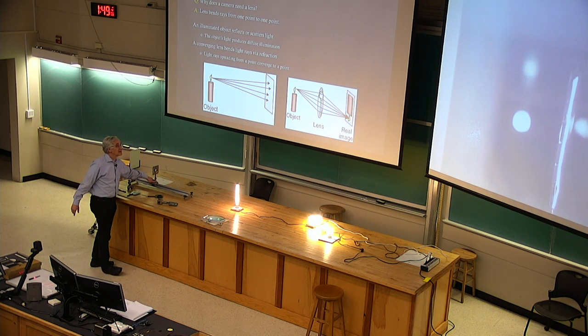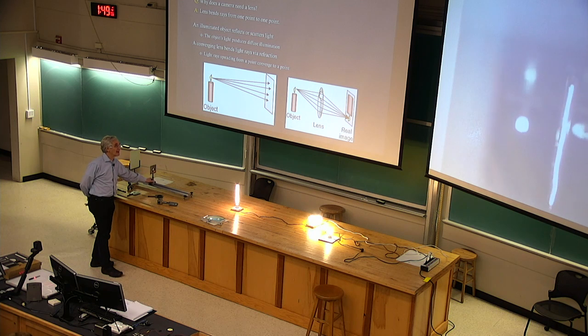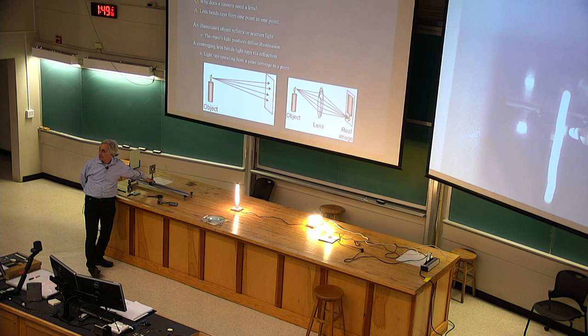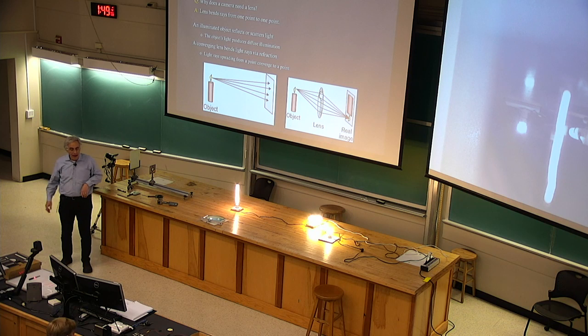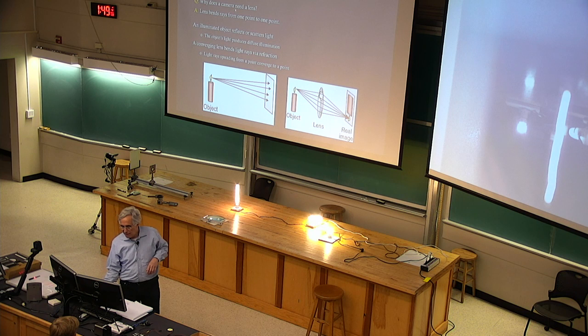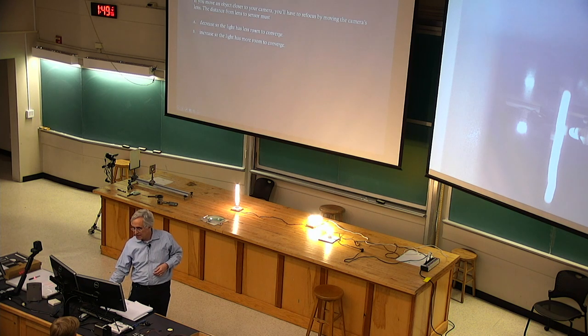Because if I get the vertical filament in focus, the compact fluorescent is just a fuzzball. If I get the compact fluorescent in focus, the filament's a fuzzball. Is everybody okay with that? In part, that's because we're taking all the rays that hit that entire lens and trying to bring them together. And if we're off by even a small amount, they're not together and they come out all fuzzy, right?